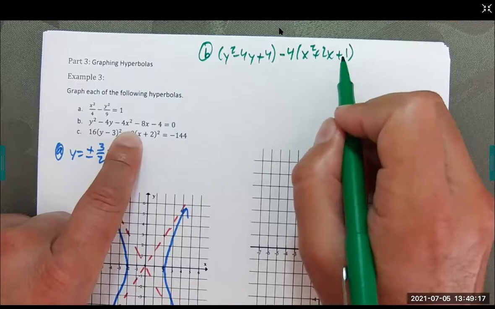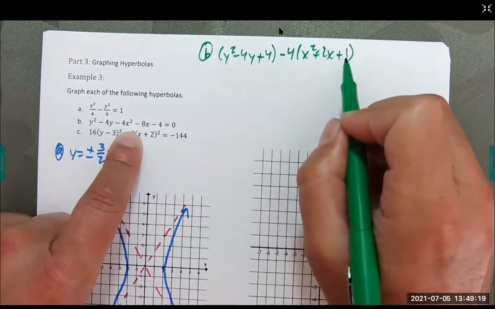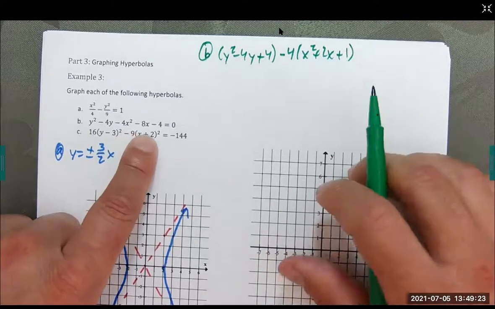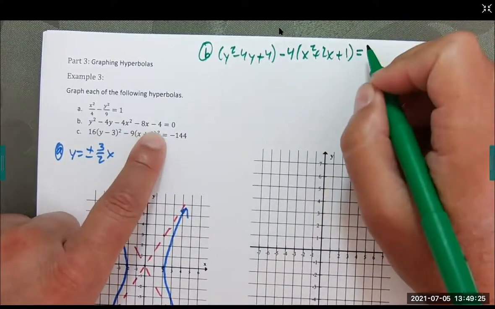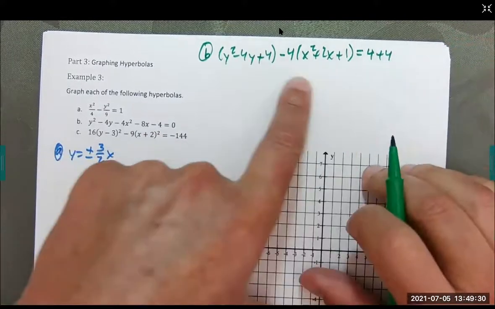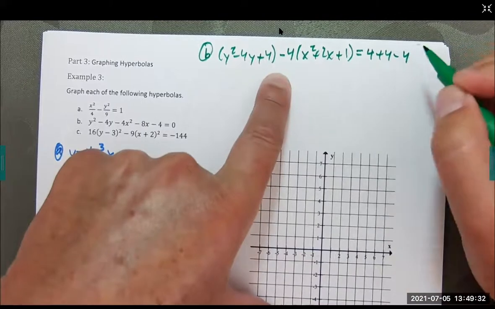Now I got to be careful. I didn't add a 1 to this side. I actually subtracted a 4. And I'm going to move that 4 over, so I get 4 plus 4. And in reality, I subtracted a 4 over here, so I'm going to subtract 4 here.